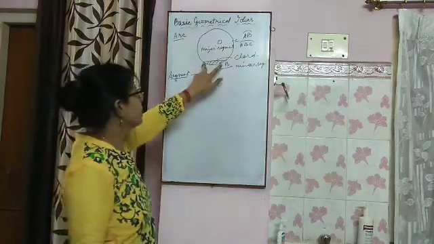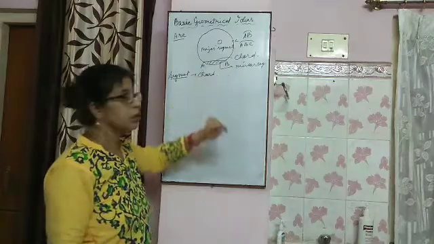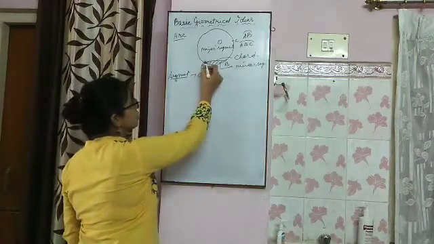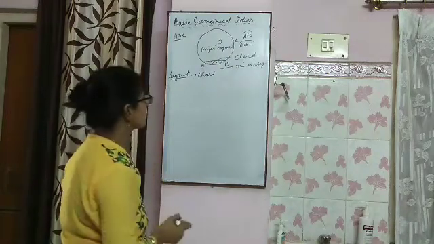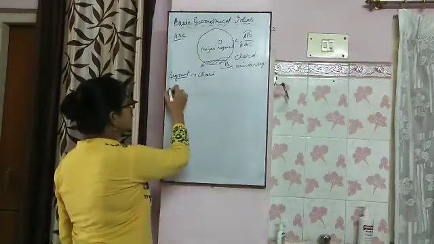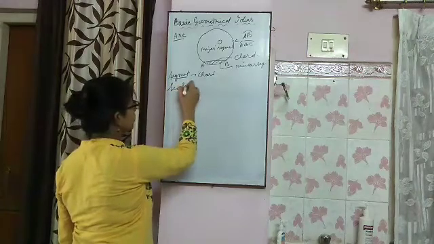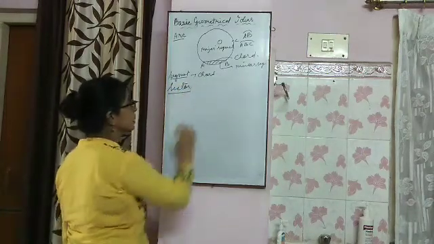So chord is a line drawn in the circle which touches the circumference of the circle at 2 points. Now sector. What is called a sector?